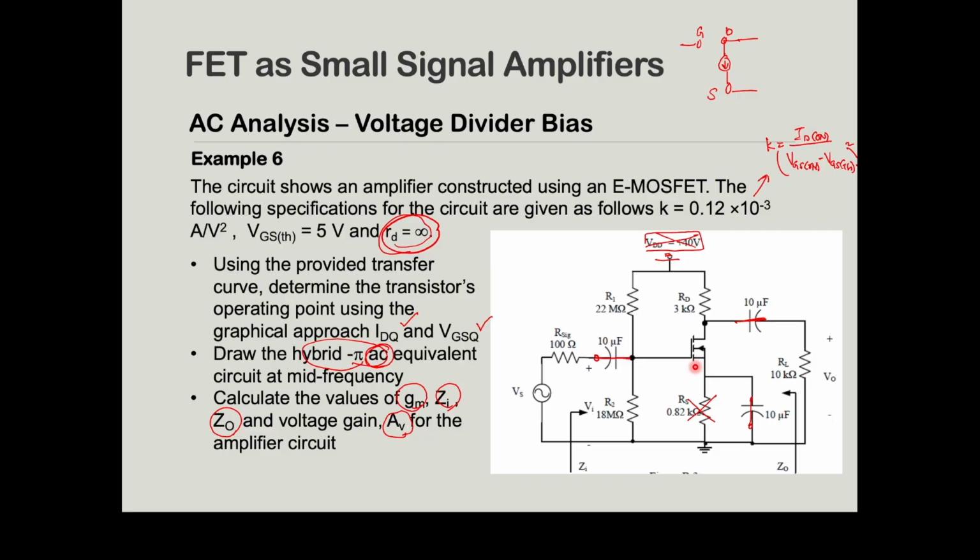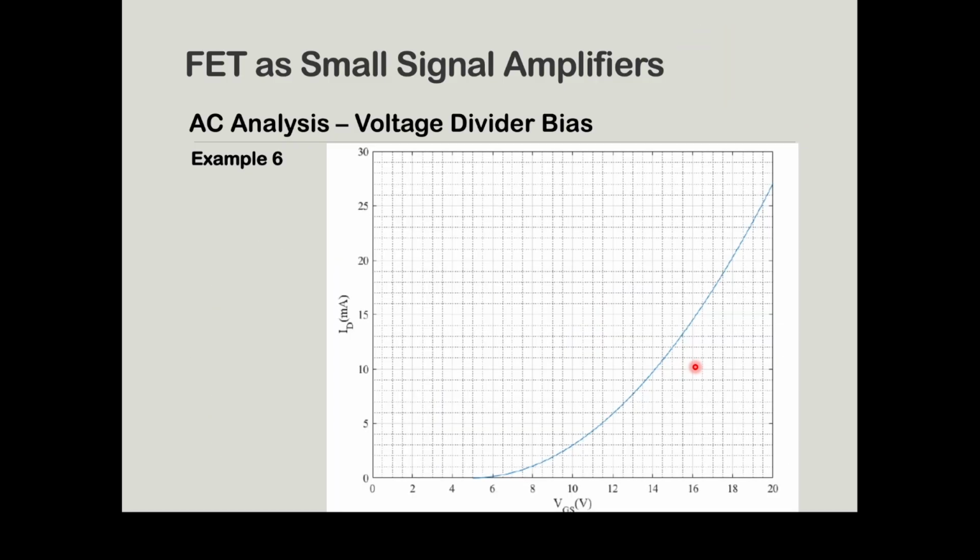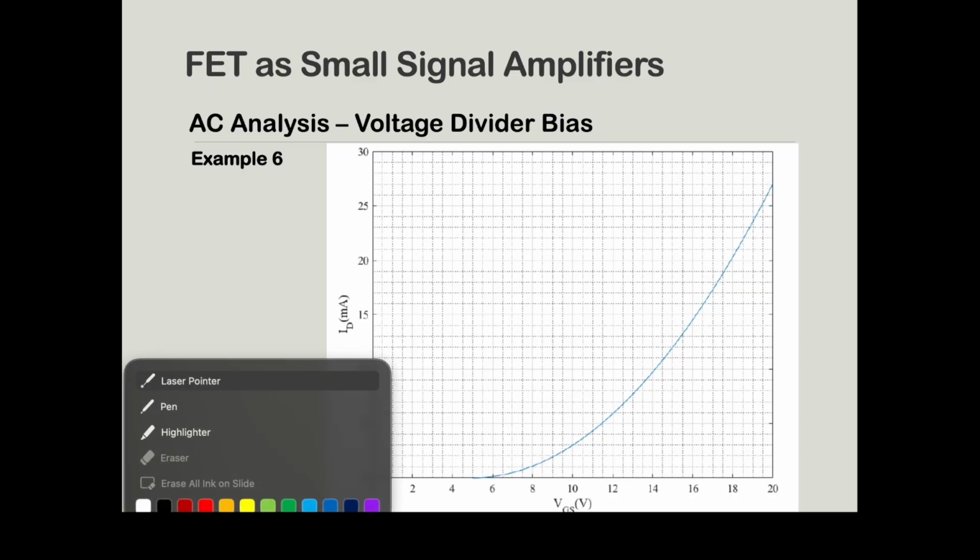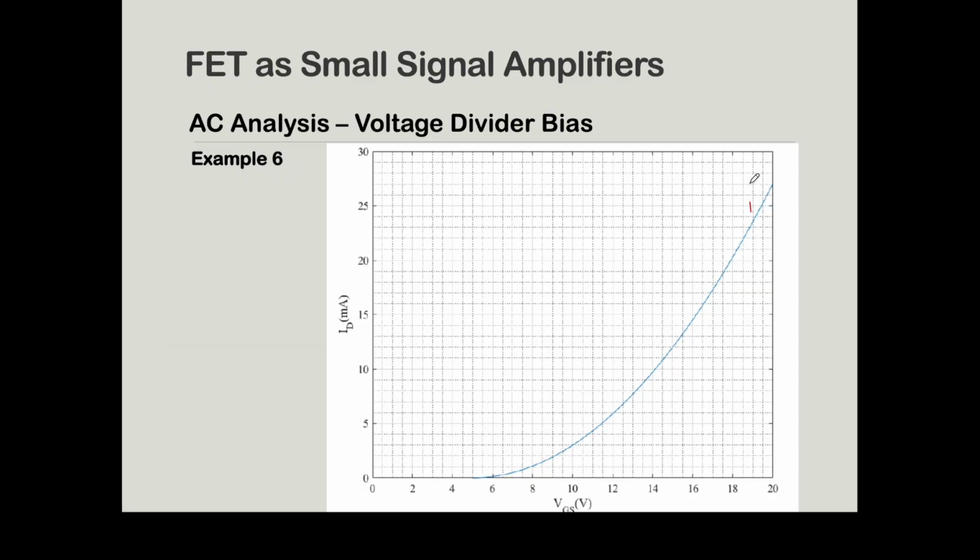When we talk about the transfer curve, you should know it is actually this one, the quadratic graph. This is the equation of the graph: ID is equal to K times (VGS minus VGS-TH) squared.